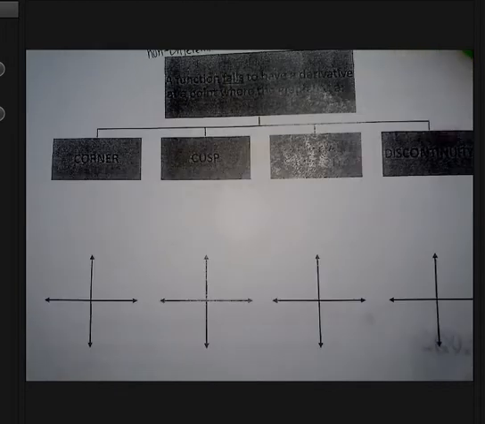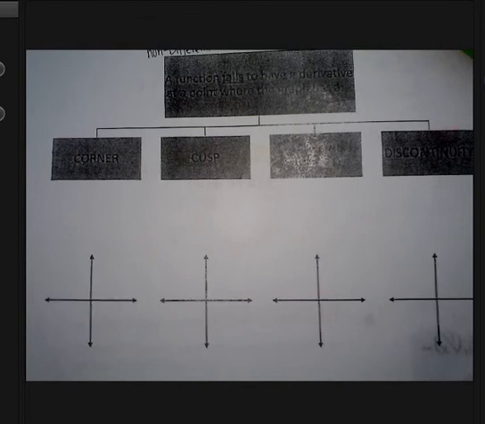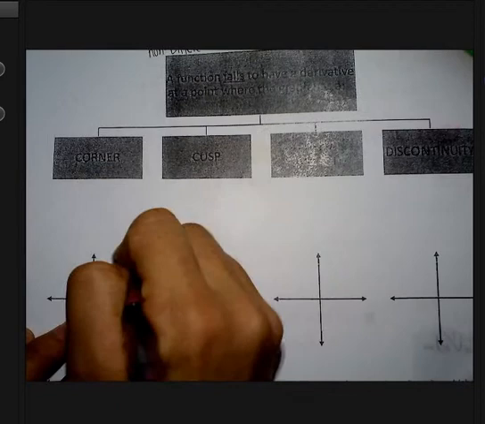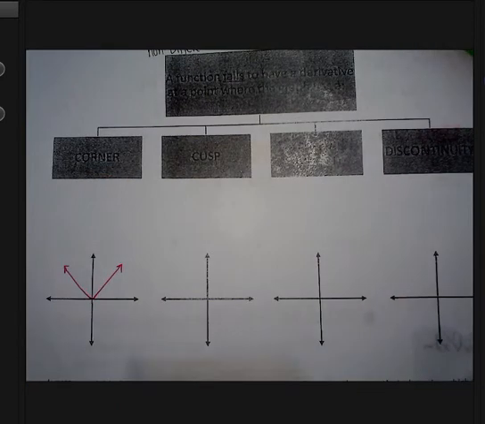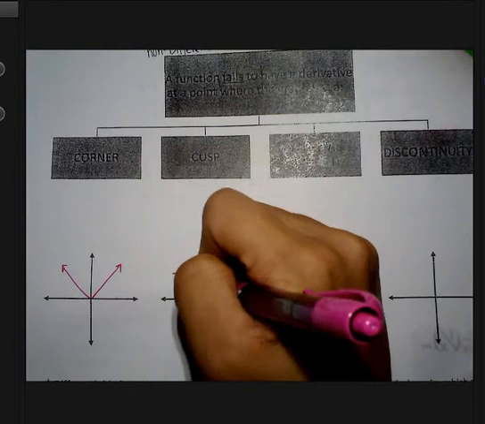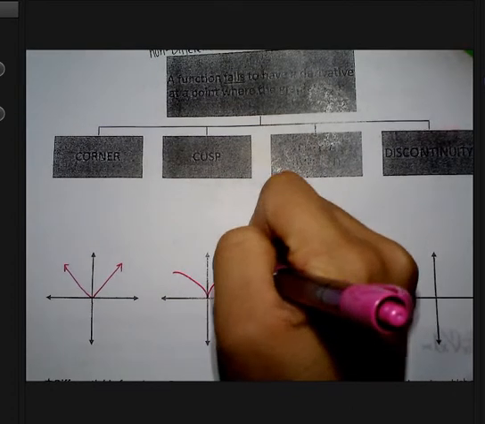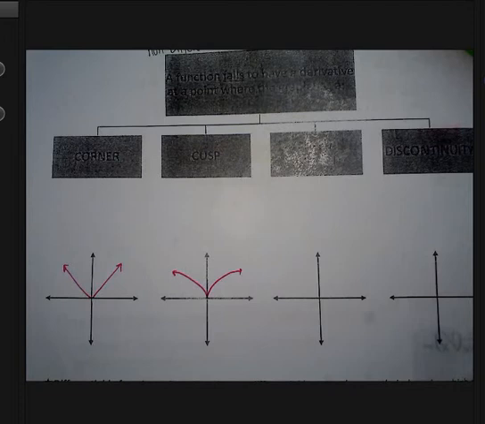A corner, obviously, like an absolute value or like the one that we saw yesterday. A cusp looks like this, like a crack. Okay, a cusp. And then a vertical tangent.